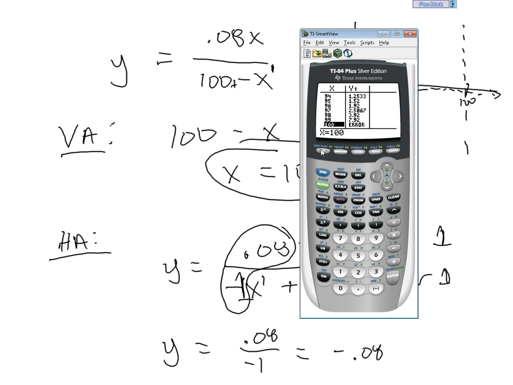Now we would want to put in our function, oops, we already had it in. I accidentally deleted it. 100 minus x. Now we took a look at the window so that our window went from 0 to, let's say, 110, so that we can actually see what's happening at the asymptotic area. And we noticed that our y went from about 0 to 8 when we looked at it in the table near 100%.